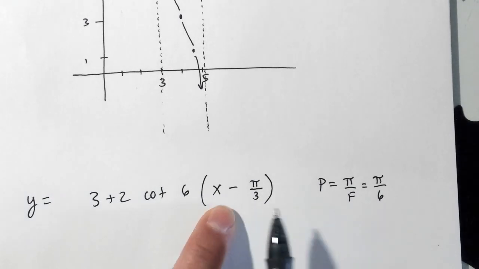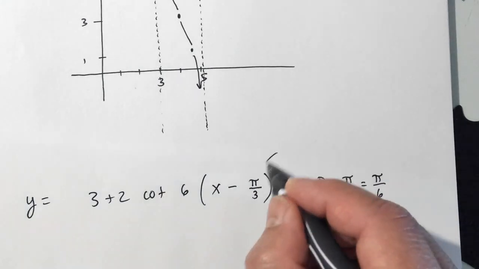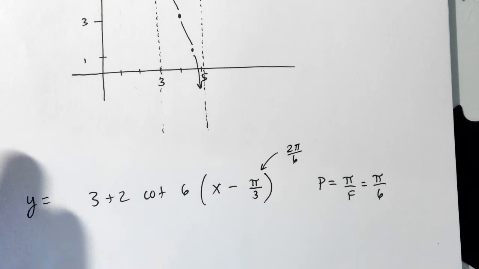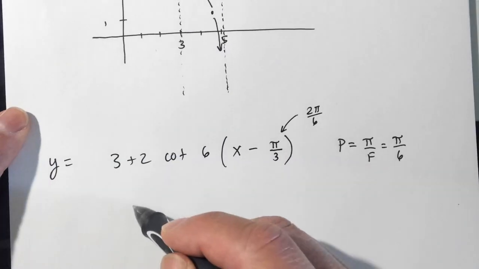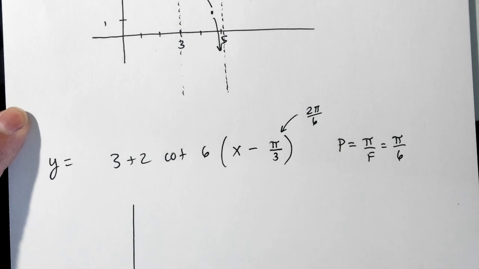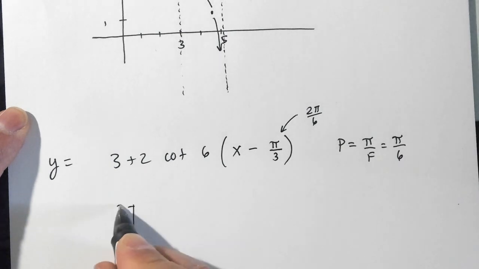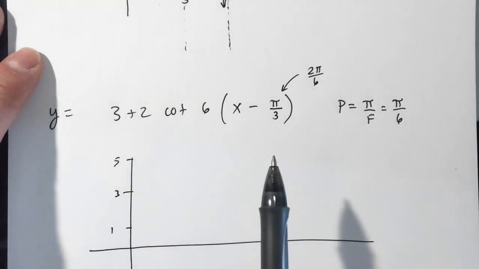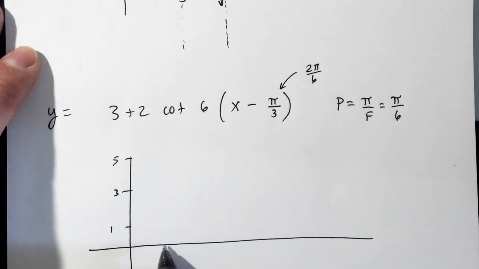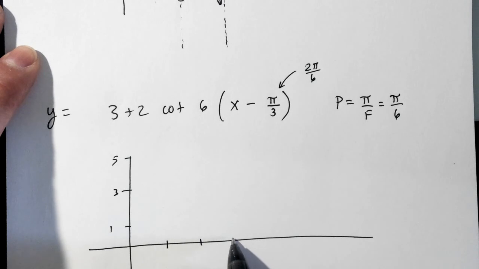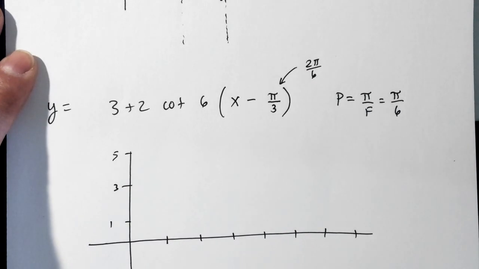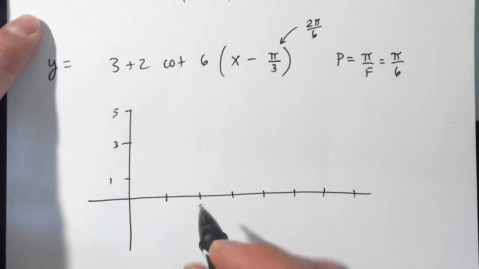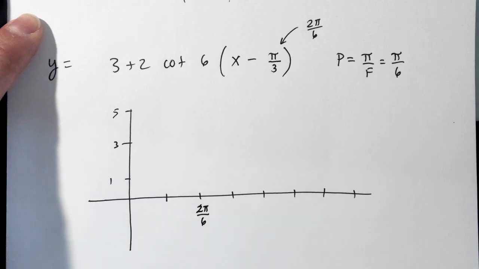So I'm going to have to change that to 2 over 6. 3, 5, 1, and looks like we're counting by sixths. 1/6, 2/6, 3/6, 4/6, 5/6, 6/6, 7/6, whatever. 1/6, 2/6 is right here, and that will be our first asymptote.